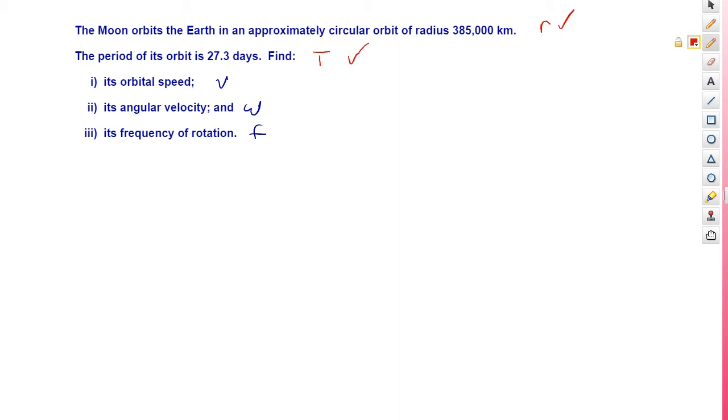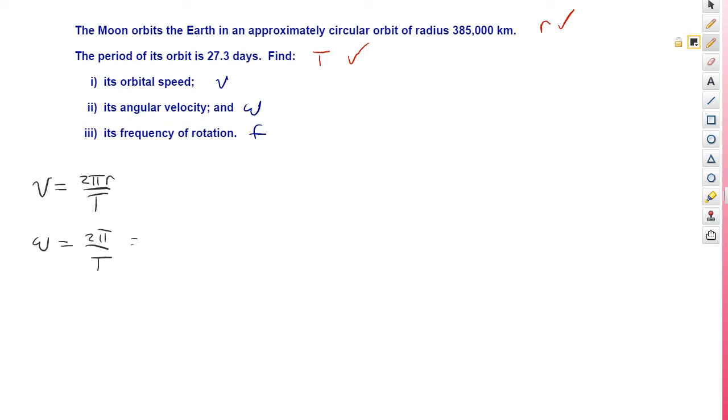What might be the most useful thing is to write down all those equations again, because then we can pick out the ones we need. So I'm going to write them down on the left-hand side here. We've got v equals 2 pi r over T. We've got omega equals 2 pi over T. I love the way they're so similar.